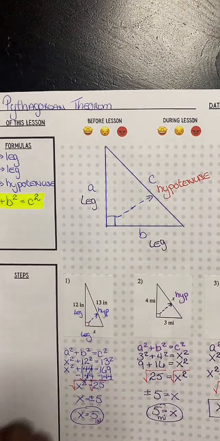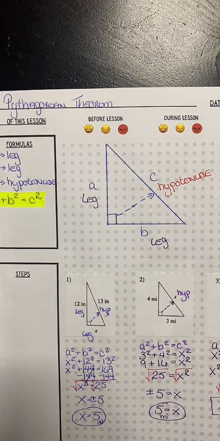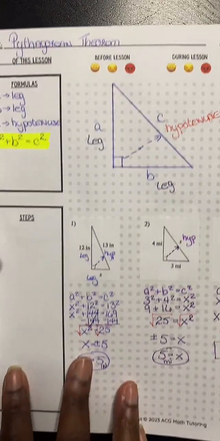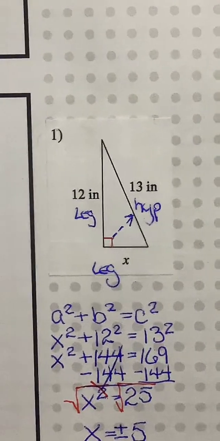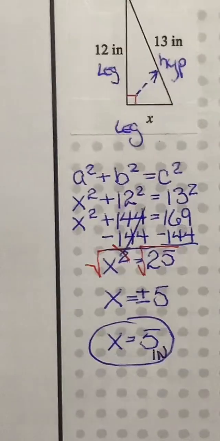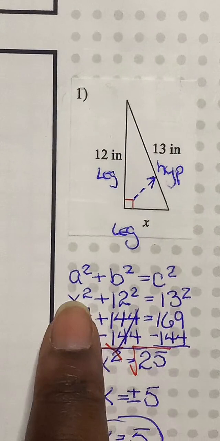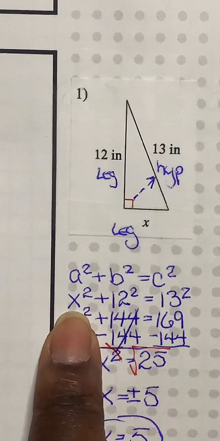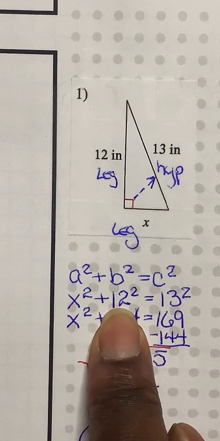Okay? So when you are trying to find the length of one of the other missing sides, if we take a look at number 1, it doesn't matter which one you made your unknown side. You can make your A your unknown side like I did here, or you could have made your B the unknown side.